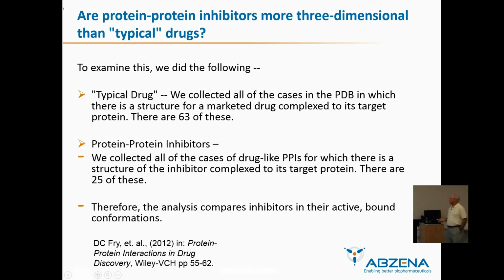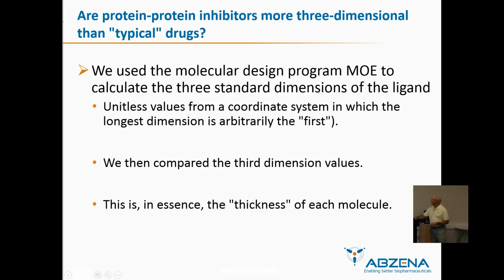And we had 25 of those. And then we just basically calculated for the ligand the third dimension, so basically the thickness of the molecule as a measure of the three-dimensionality of the compound.